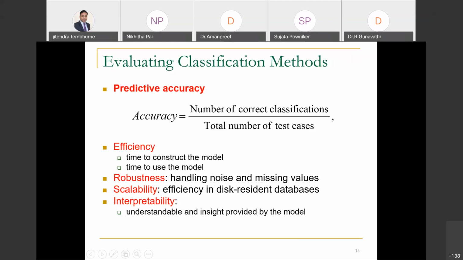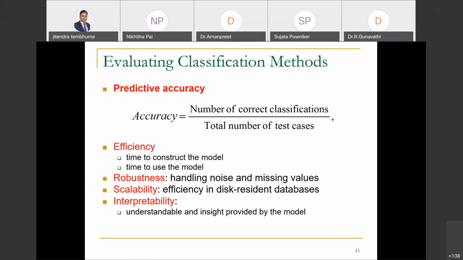And the last is interpretability. Interpretability says understandable and insight provided by the model. That means whatever information we are getting, whether those results are really insightful or not.